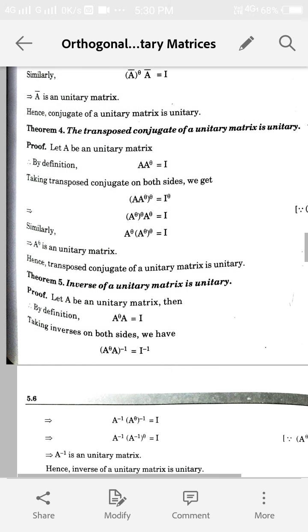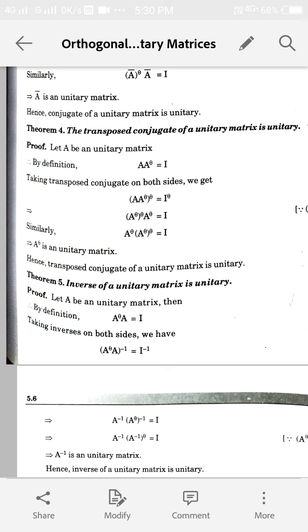Now property 4, the transposed conjugate of a unitary matrix is unitary. Again consider A to be a unitary matrix. Then by definition we can write A into A theta as the identity matrix. Now taking transposed conjugate on both sides, we get A into A theta, now applying whole theta, and this is equal to identity theta. The identity matrix comes out to be again identity when we apply theta on it.